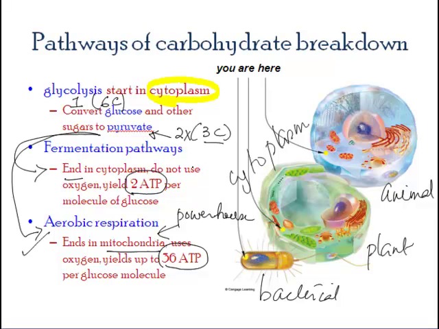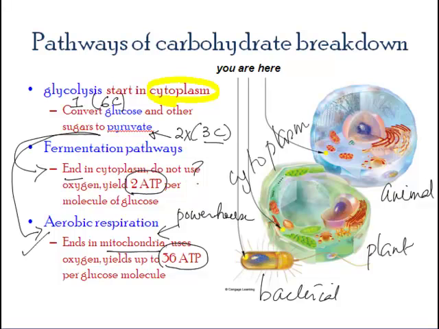You might be wondering whether all the energy could be released in the fermentation pathway. What happens is you only get a small amount of energy, that is 2 ATP, and the rest of the energy is wasted and just not used. It's sort of like a stagnant step.